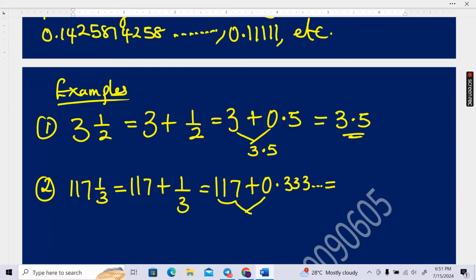So that will be 117.333 up to infinity. Now type this number 2 answer in the comment section.